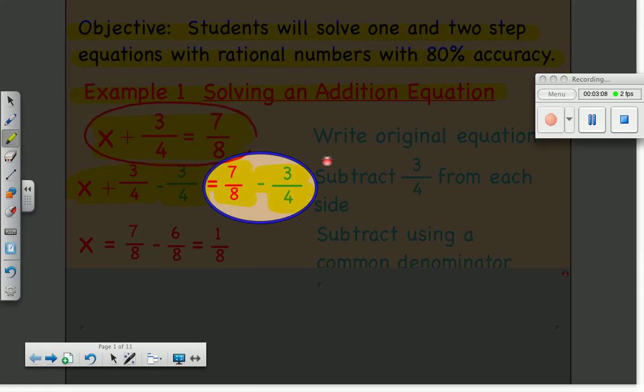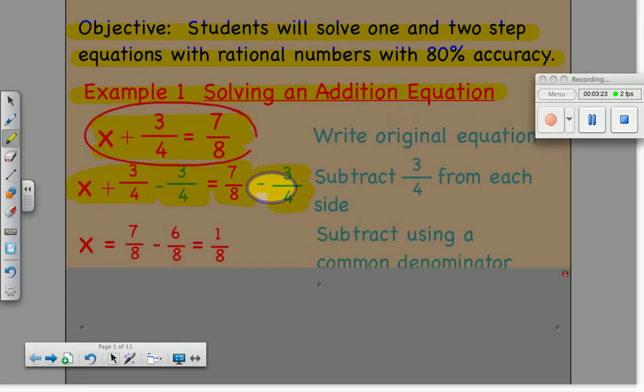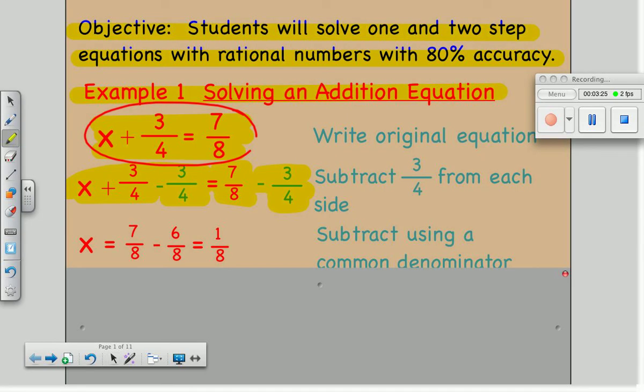7/8 minus 3/4. Because this is subtraction, I first have to get a common denominator. What is a common denominator I can use for 8 and 4? Let's use 8. So I'm going to leave 7/8 alone. To change 4 to 8, I need to multiply by 2, then I need to multiply by 2 on the top too.